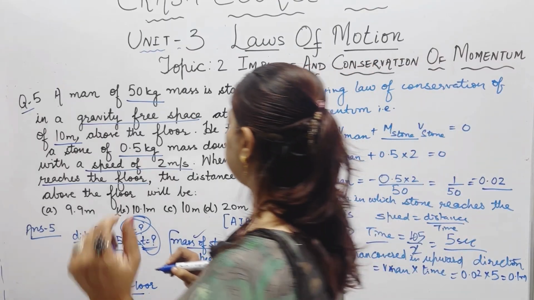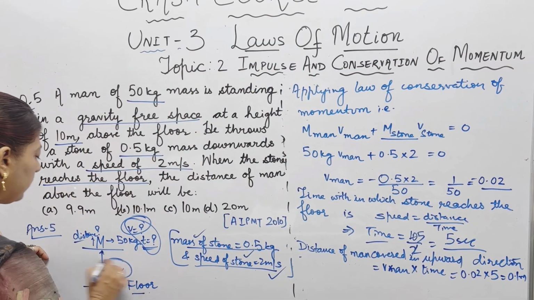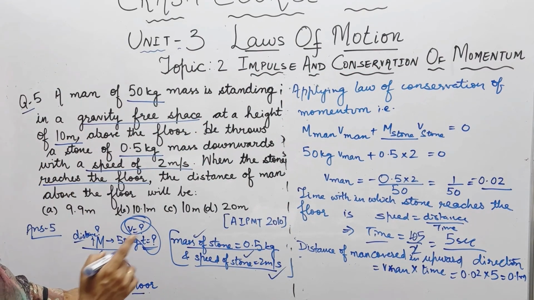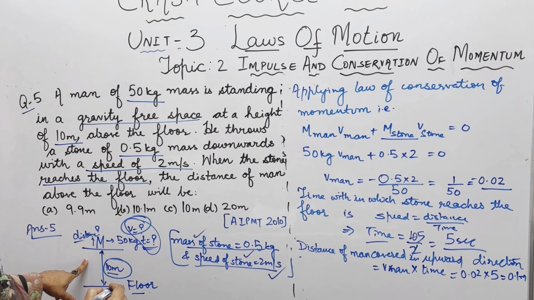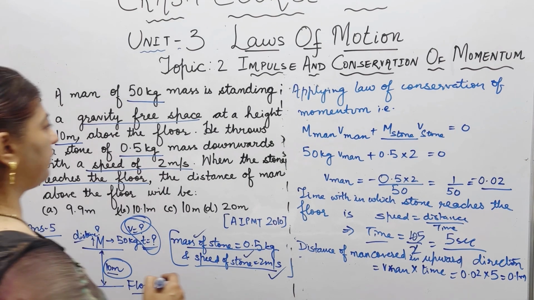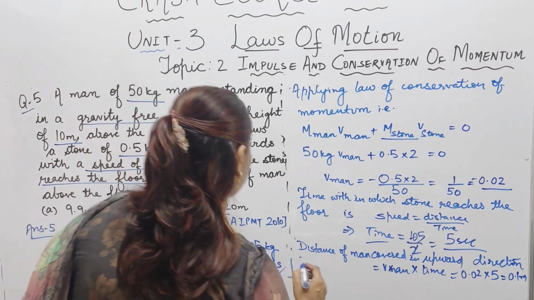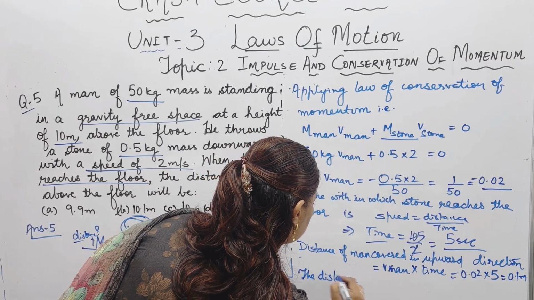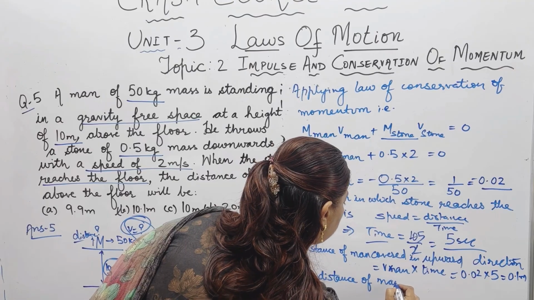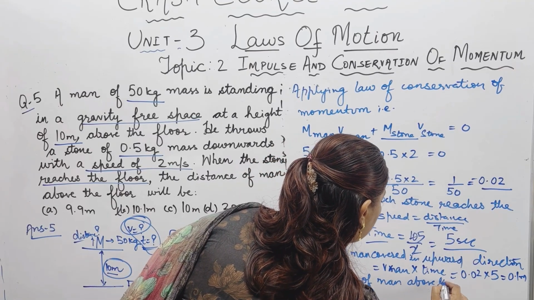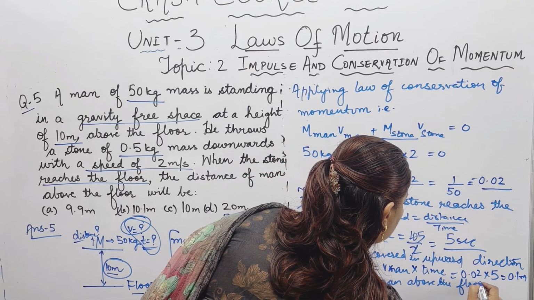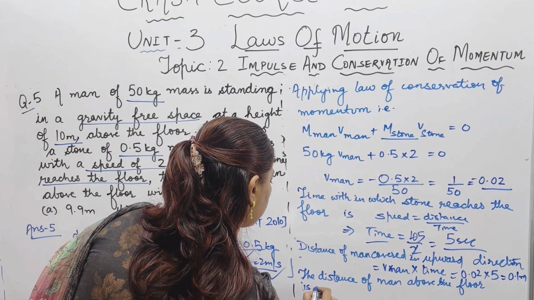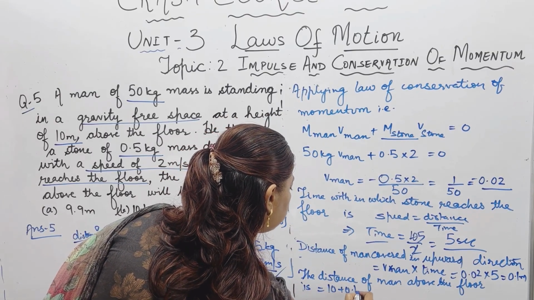So already it is at 10 meter from the floor and additional 0.1 meter in 5 seconds. So at present the man will be at 10 plus 0.1 meter. So the distance of man above the floor is 10 plus 0.1 meter.